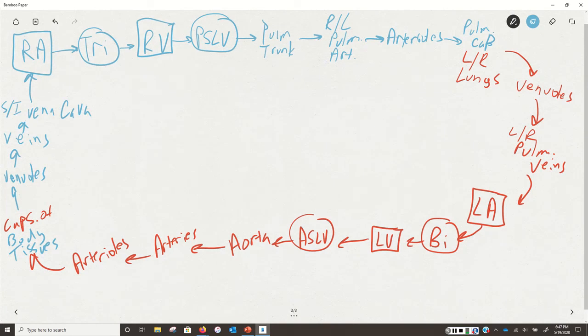So on an exam, what I would usually do in an in-person class is I would say, trace the path of a drop of blood from, and I would pick a spot, let's say the pulmonary trunk, to the capillaries of the body tissues.